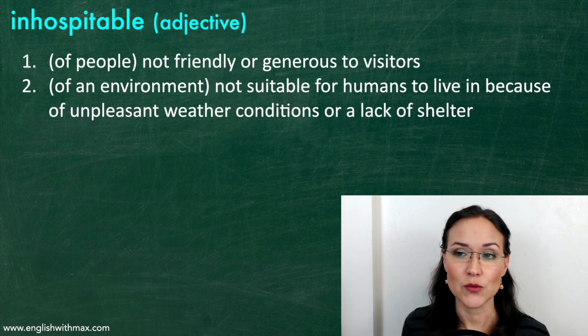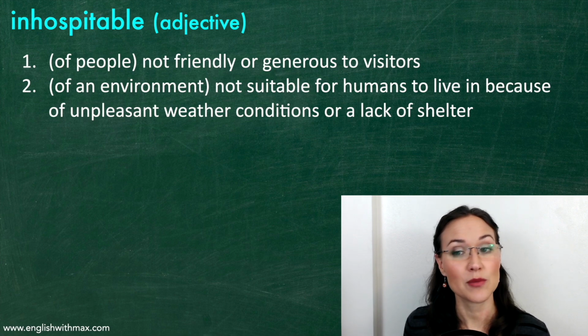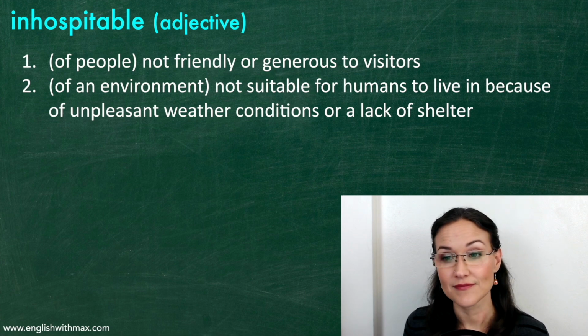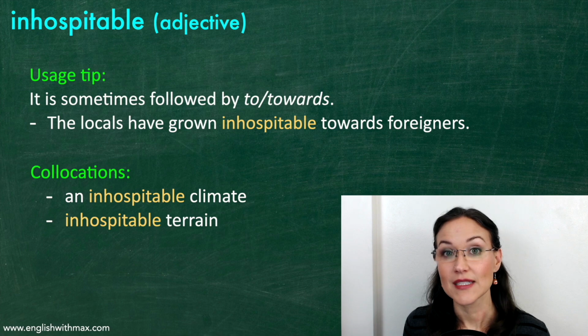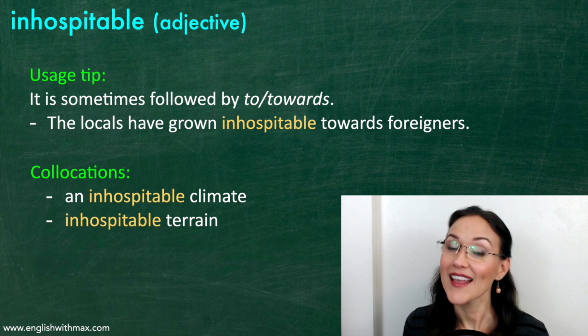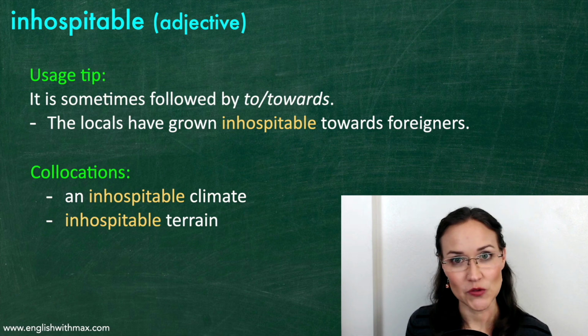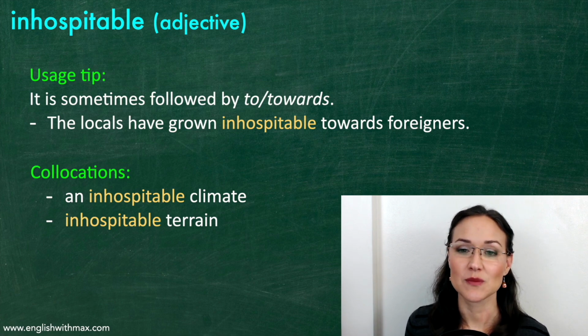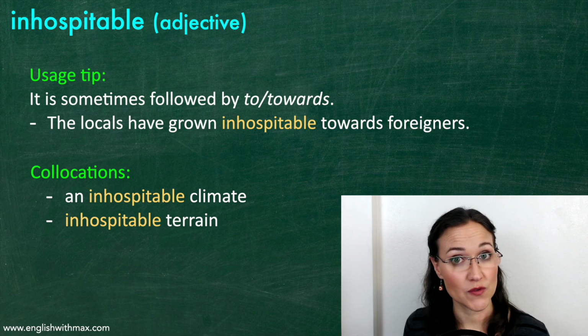Not suitable for humans to live in because of unpleasant weather conditions or a lack of shelter. A little usage tip. It is sometimes followed by to or towards. For example, the locals have grown inhospitable towards foreigners.